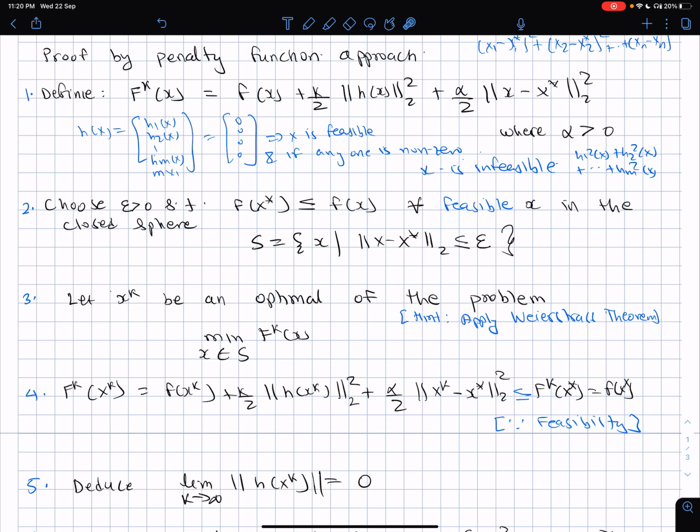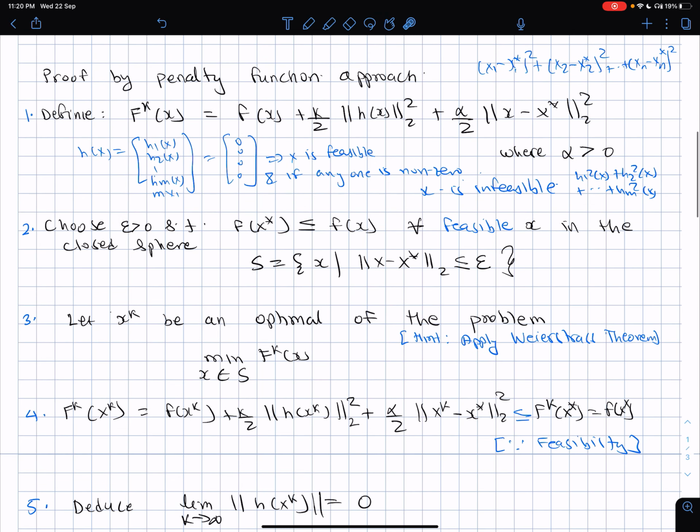Now we come to the sequence of xk's we are going to generate. We want to approximate the constrained optimization problem through a penalty function approach. In the limit k tending to infinity, any non-zero deviation will be so heavily penalized that feasibility will be enforced.